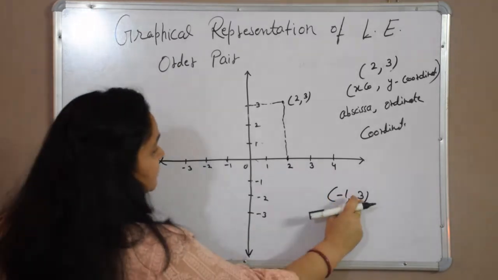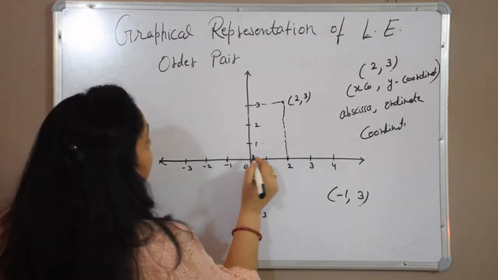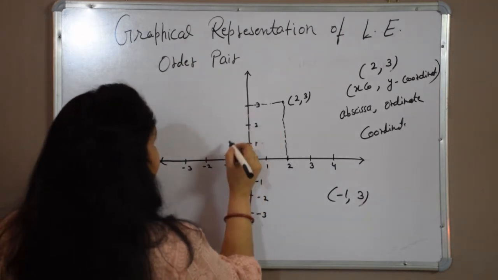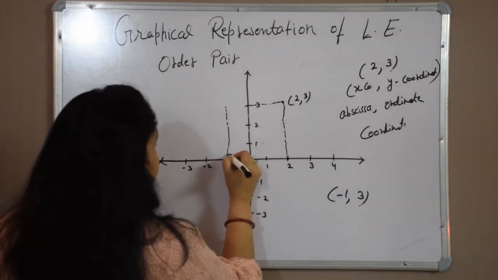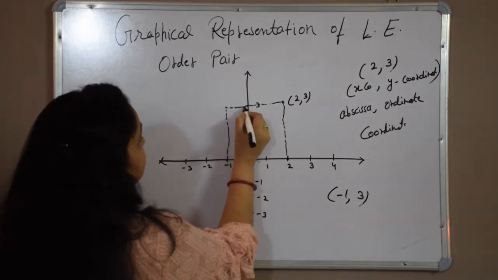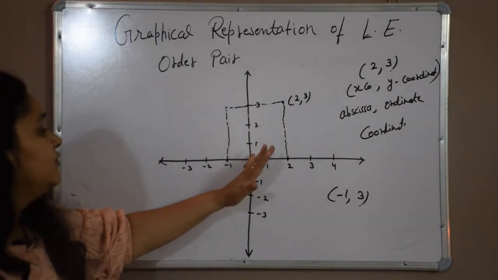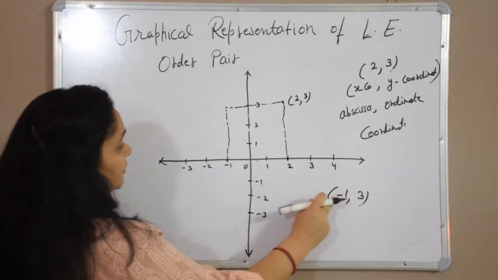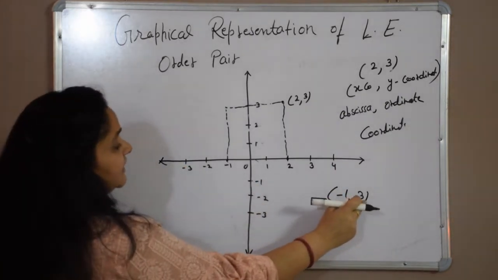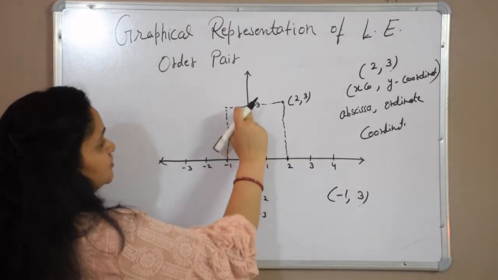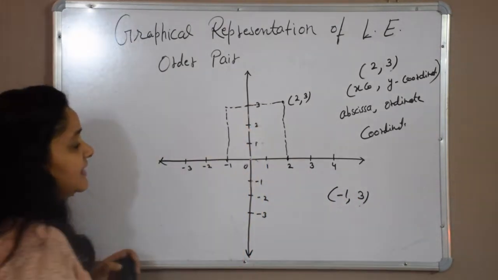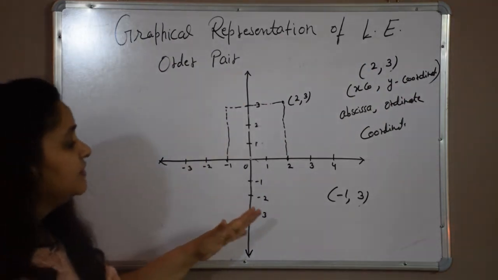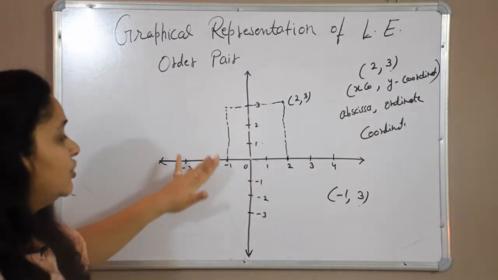And now we have to see this 3 as a point on the y-axis, so the perpendicular distance from the x-axis, and minus 1 was the perpendicular distance from the y-axis. We have to choose the point on the x-axis, and this ordinate we have to choose on the y-axis, and where they meet, this distance should always be perpendicular. So I think now you are getting how we can plot the points.